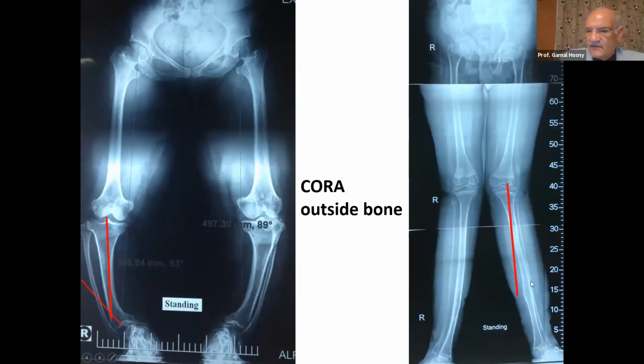Again, severe valgus deformity, tibial deformity. If you draw the mechanical axes of the proximal and distal segments, they are going to meet outside the bone. That means we have a multi-apical deformity. So if the proximal axis and the distal axis meet each other outside the bone, that means you have a multi-apical deformity. We have more than one CORA.